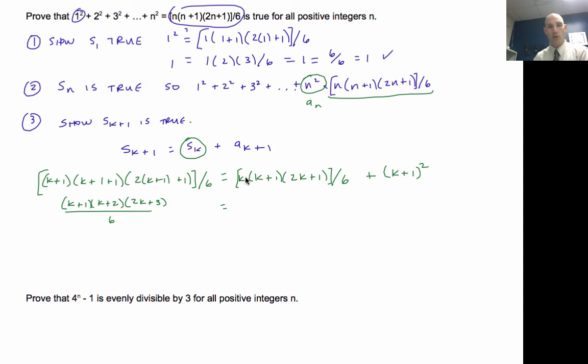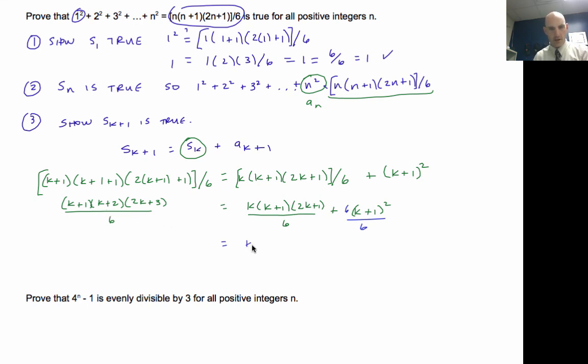Well, that's equal to what I already had, so k plus 1 times 2k plus 1 divided by 6, plus, and this one, I need to have a common denominator. Well, I'll just rewrite it like this, k plus 1 squared. I need to have a common denominator, so I'm going to say this would be 6 times that over 6. Well, take a look. I don't want to work with this side. This is what I'm trying to show that it's equal to. I'm going to manipulate this side to make it all equal to a single fraction.